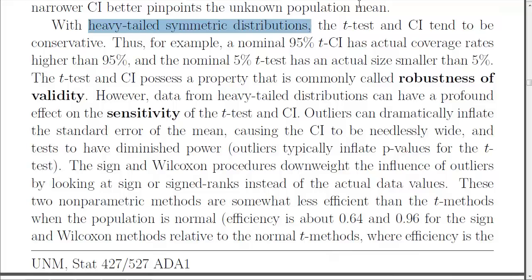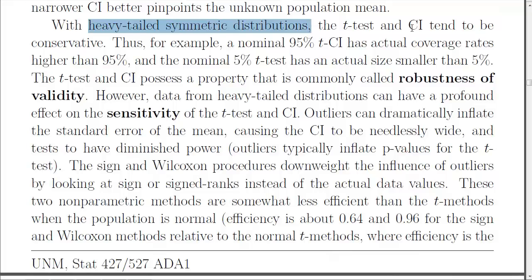Then the t-test and t-interval tend to be conservative, meaning because we have those extreme observations to the left and to the right, it's going to inflate the standard error of the mean, because it's also inflating the standard deviation of the sample. And that's going to make the confidence intervals wider.